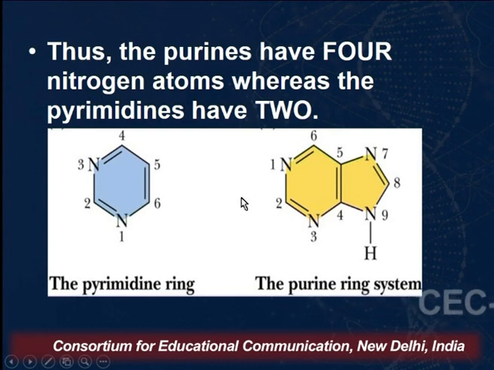It is only made up of pyrimidine, and this pyrimidine ring is going to be the basic structure in all the pyrimidines. Hence, we can say that pyrimidines are derivatives of this pyrimidine. Whereas, when we talk of purines, they will have this basic nucleus, and then all other purines will be derivatives of this nucleus. We'll modify it.